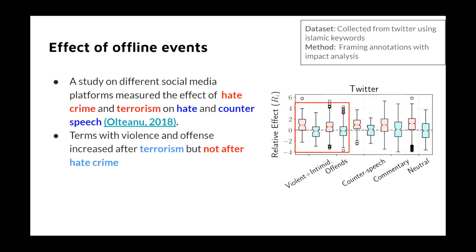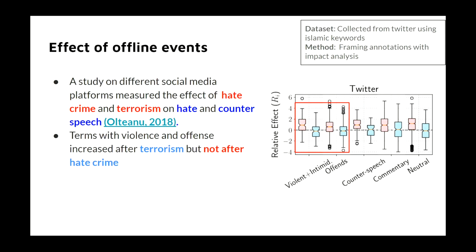Finally, in this study, they try to understand the effect of hate crime and terrorism on hate and counter speech. In this paper they specifically focused on the Islamic community, looking at different terrorist events by the Islamic community and Islamophobic attacks on different people.